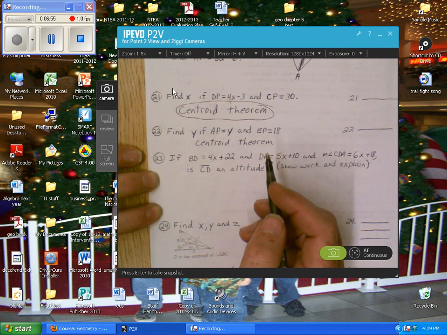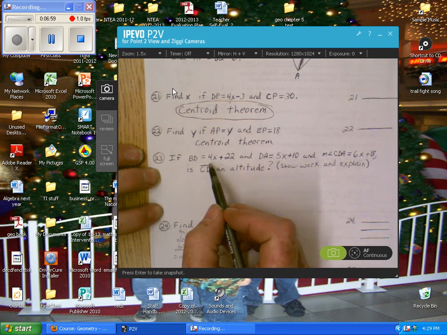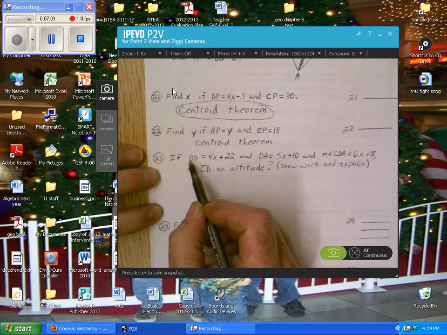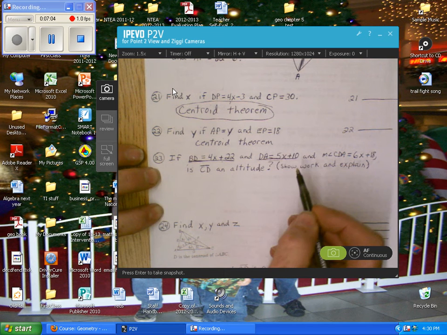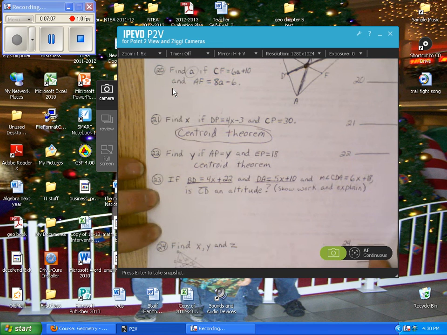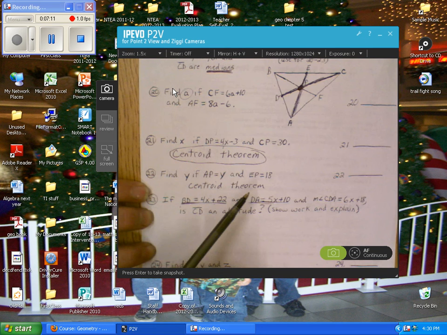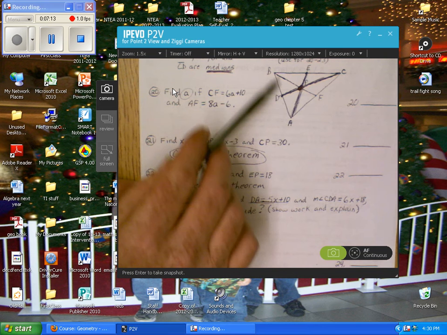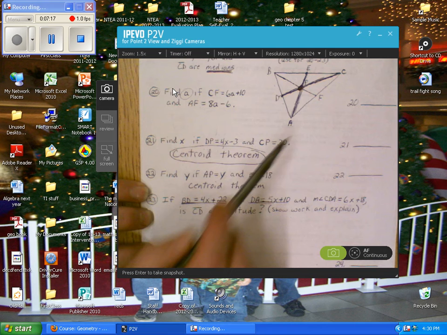On problem 23, if we go back up to the diagram up here, you need to use the fact that something's true about segment BD and segment DA.